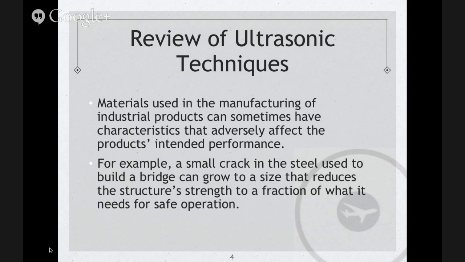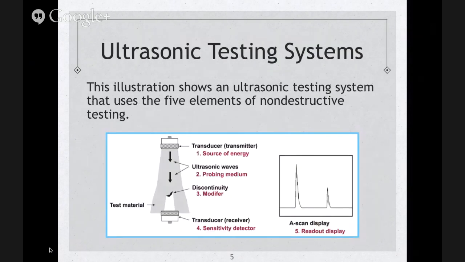We don't want to find a problem in, let's say, a part of steel once it has been machined and worked, if we could have picked it up before we did all these processes. So it saves time and a lot of money in the production process if we're making a part. Okay. So this illustration shows an ultrasonic testing system which uses the 5 elements of NDT.